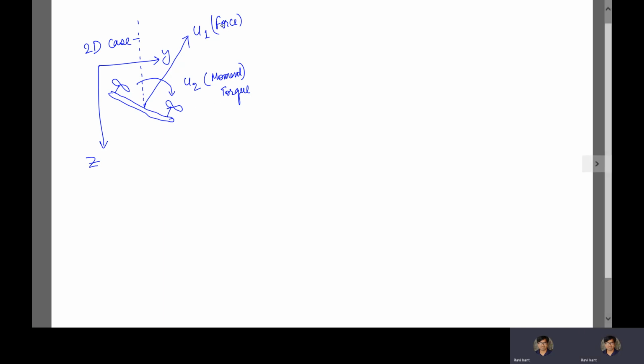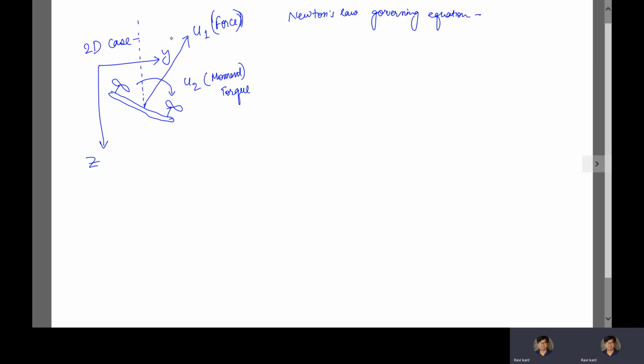Okay, so now we can apply Newton's law to find the governing equations associated with the two-dimensional drone.